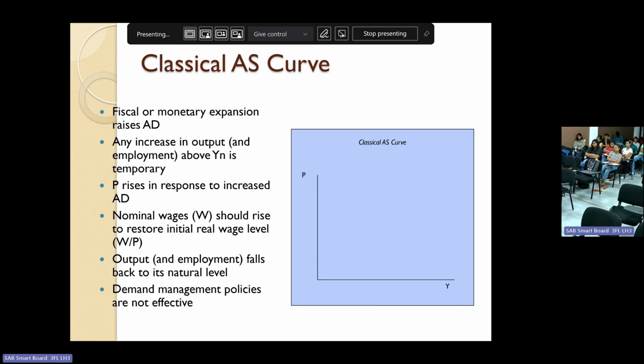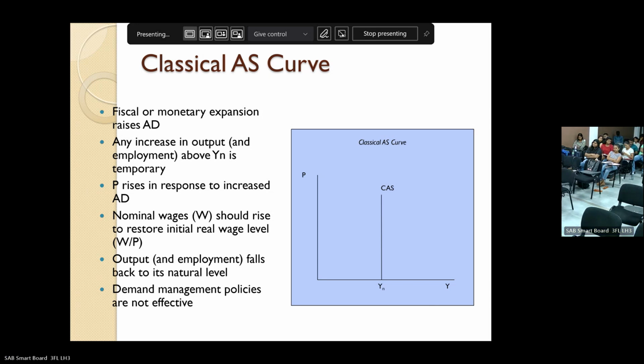We can see the prices going up, which creates inflation pressure. Because if there is a rise in the aggregate demand, prices will respond, but other factors, income, output or employment, do not respond. That's why demand management policies or demand side factors are not important for them.